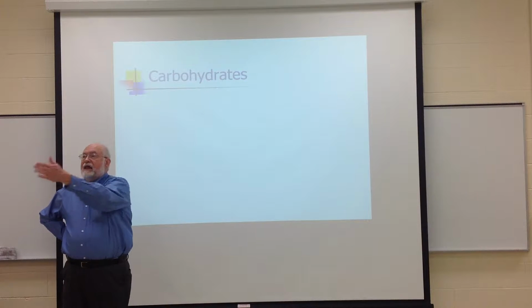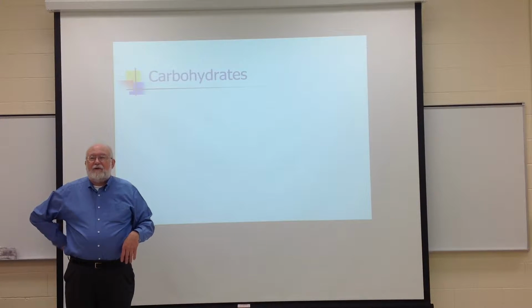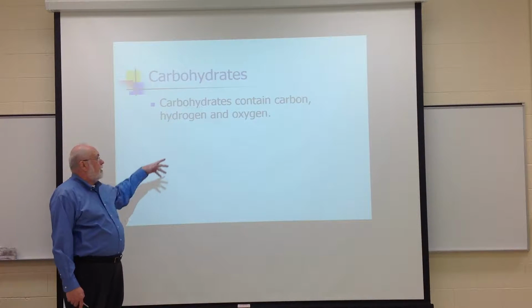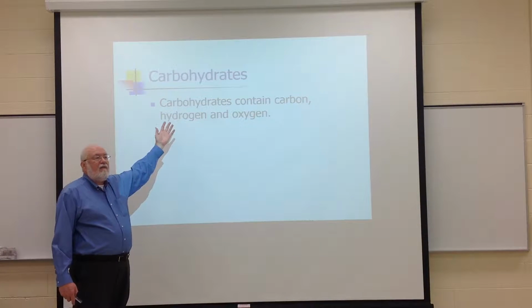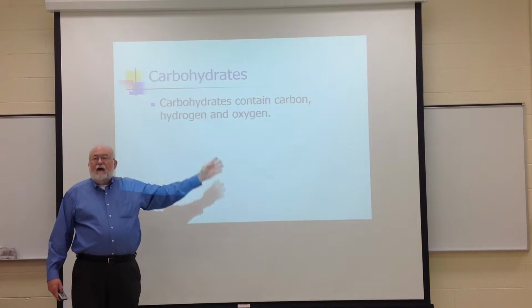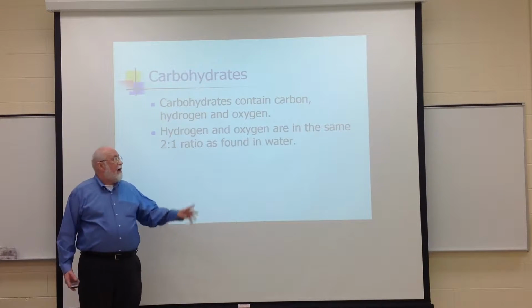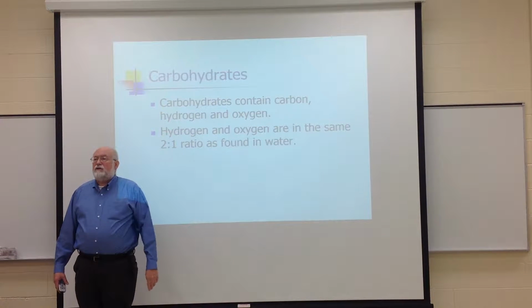Hydrogen and oxygen, and in that 2-to-1 ratio. And there you go, because that's one of the big hallmarks of carbohydrates. They basically contain these 3 elements: carbon, hydrogen, and oxygen. And the hydrogen and oxygen are going to be in a 2-to-1 ratio as you find in water.